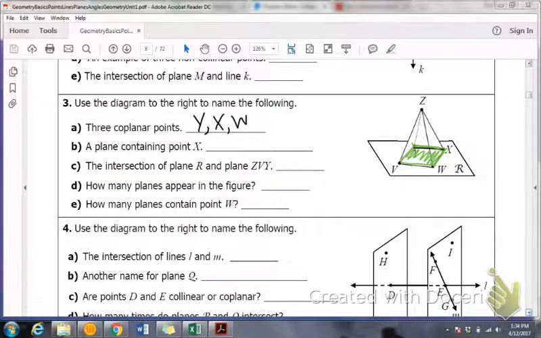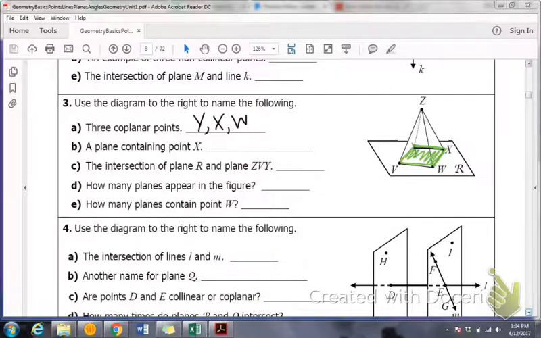ZYV would be that side plane. Good. Carla? ZYX. ZYX would be that back triangle. Excellent. Anybody else want to try theirs? Okay, what's a plane that contains point X? Yes, that would work, but let's try something different.